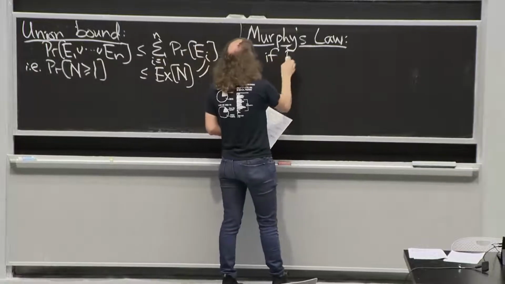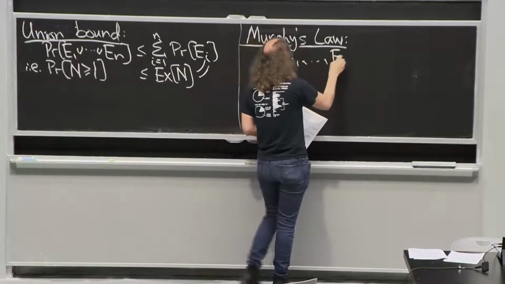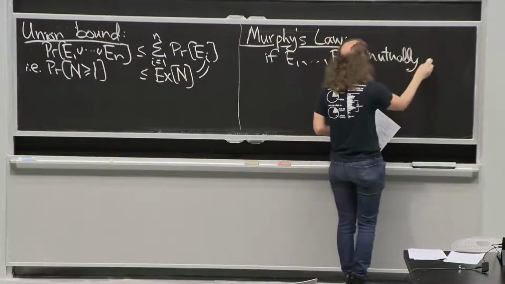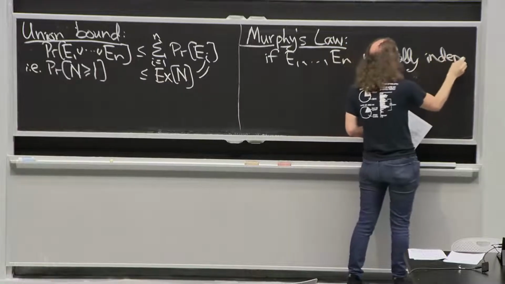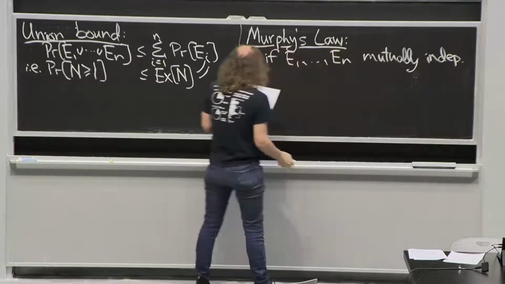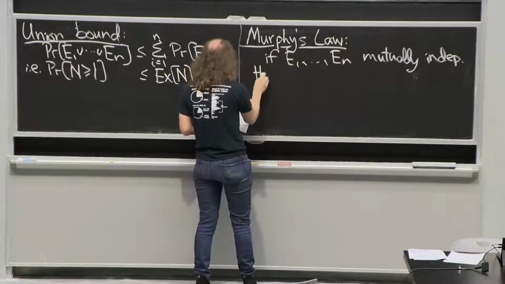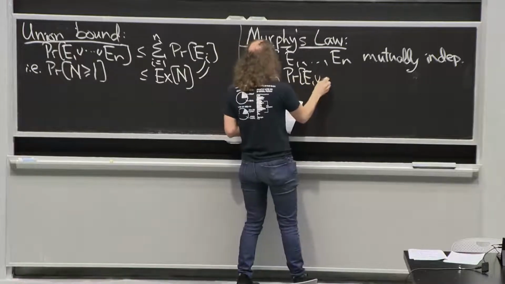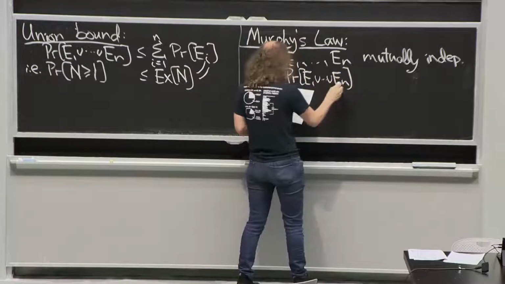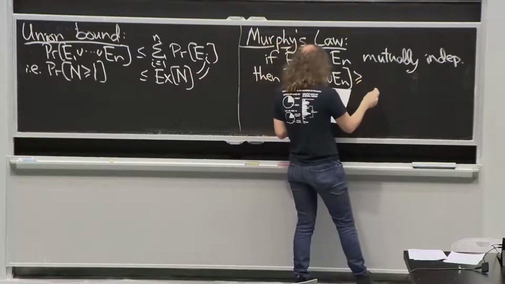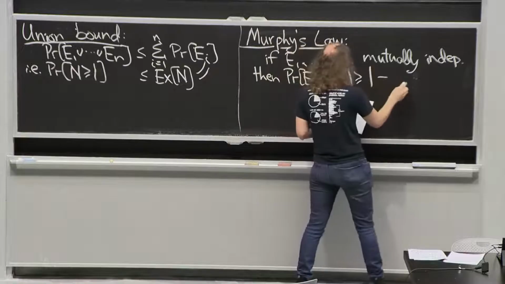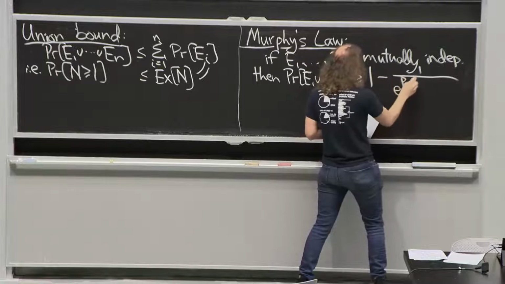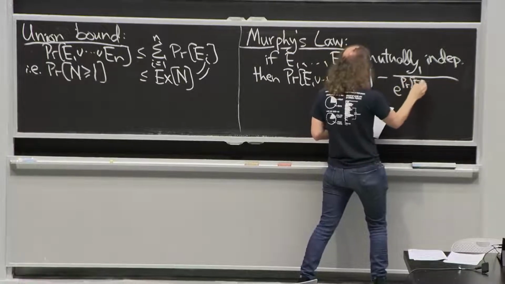So if the n events we have are mutually independent, this is the first time I'm making this assumption other than that example, then the probability of the union is at least 1 minus 1 over e to the sum of the probabilities of the events.